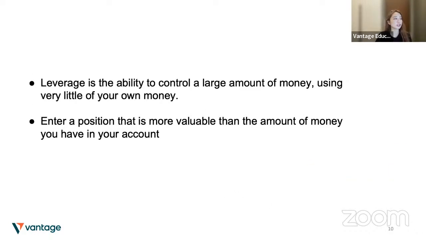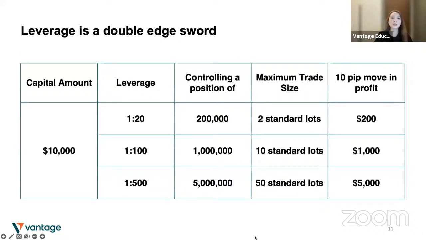So what is leverage? Leverage is the ability to control a large amount of money using very little of your own. Basically you risk very little of your own capital and are able to participate in a much larger trade, entering a position that is way more valuable than the amount of money you have in your account. On one side, when you use leverage, you can gain a lot more if your analysis is right.